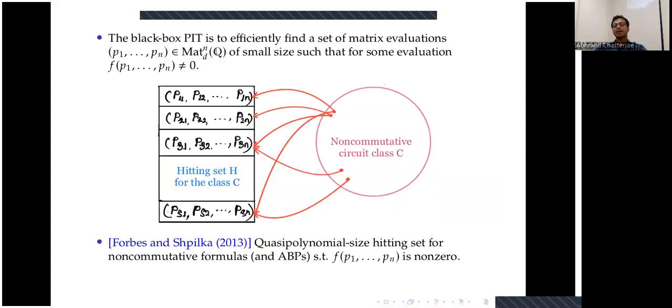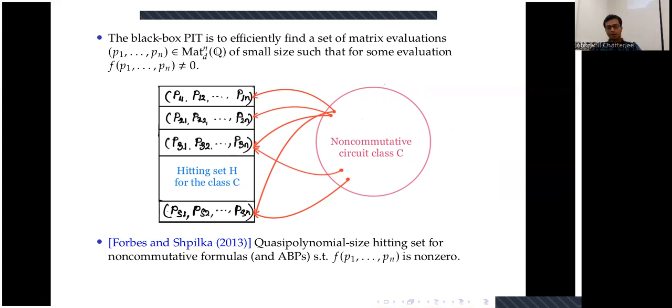In the non-commutative setting, the idea is to come up with matrix evaluations, and similarly the hitting set definition is: for a given class of non-commutative polynomials, the idea is to output a list of matrix tuples, a list of matrix evaluations, such that for every non-zero non-commutative polynomial, there is some matrix evaluation for which it is non-zero, and we'll be able to find a witness of its non-zeroness in this list of matrix evaluations.